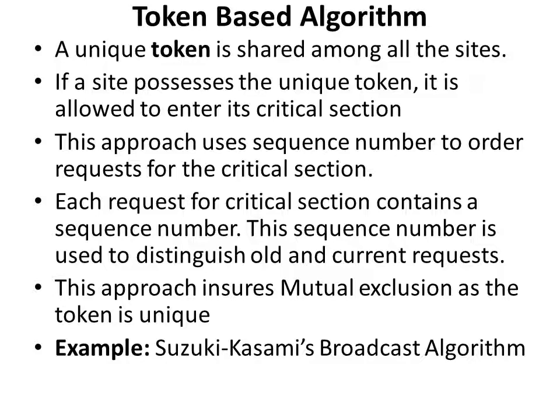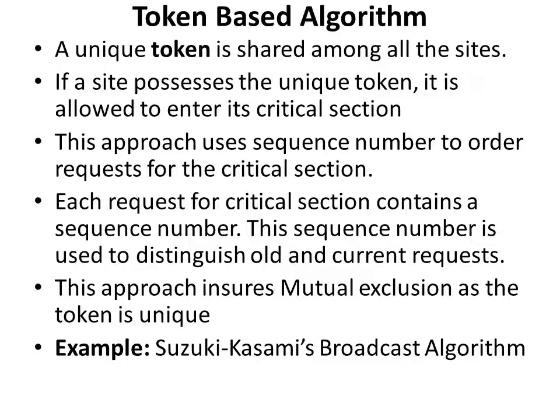If a site possesses the unique token, it is allowed to enter its critical section. So when a particular site contains the unique token, only then is it permitted to enter its critical section.